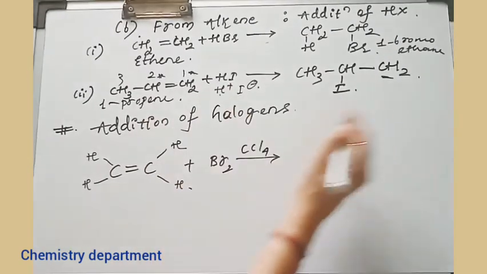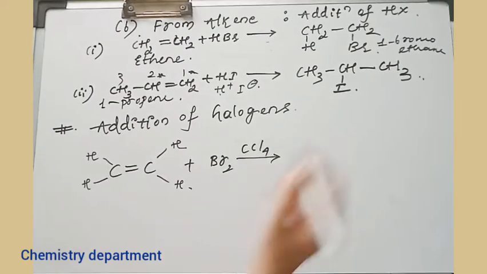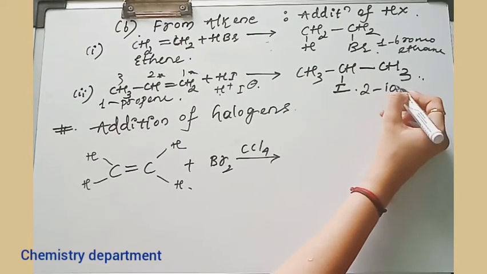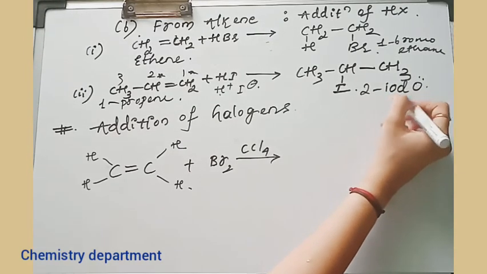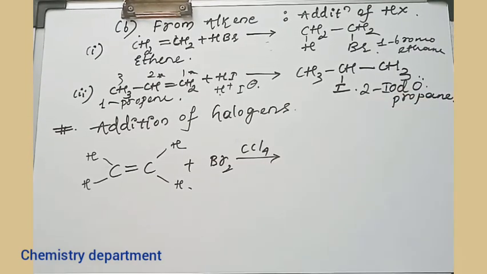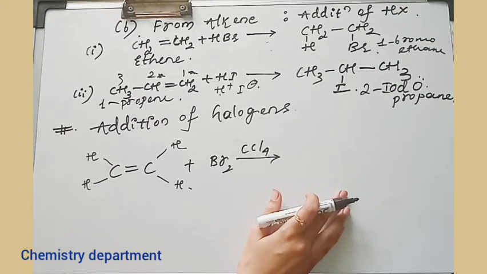The H plus is added to this. So it will be CH3. So the name of this is 2-iodopropane. Okay, so this is the major product. If I add it in a reverse way, I am going to get I here, that is 1-iodopropane. That is a minor product, so you have to focus on the major product.